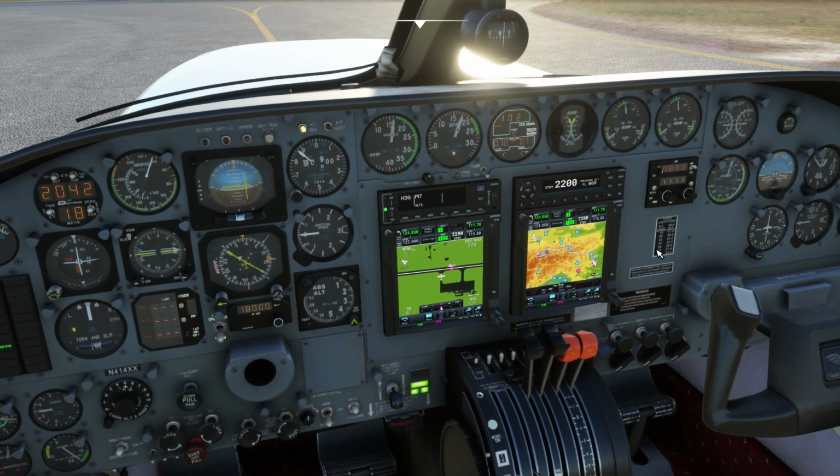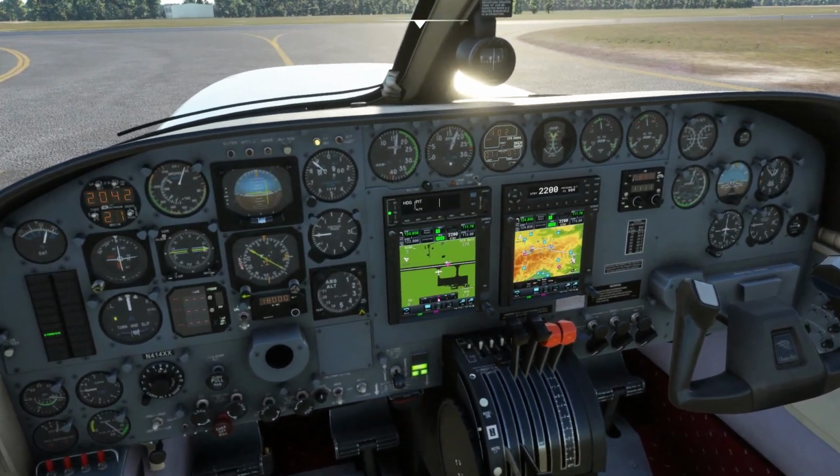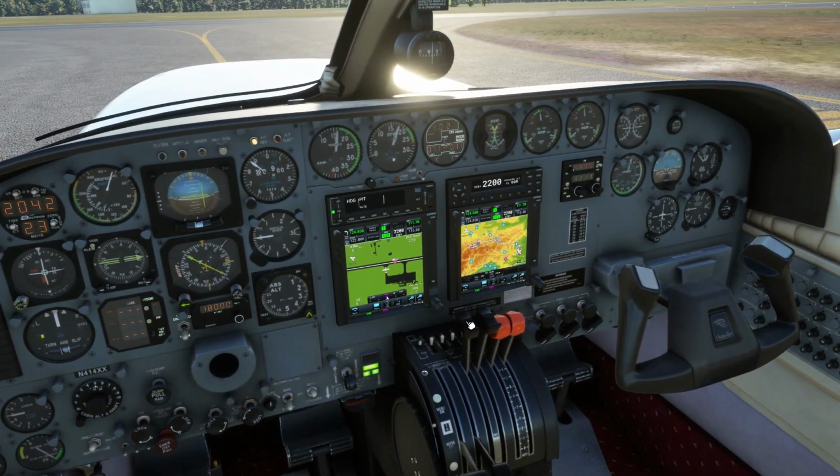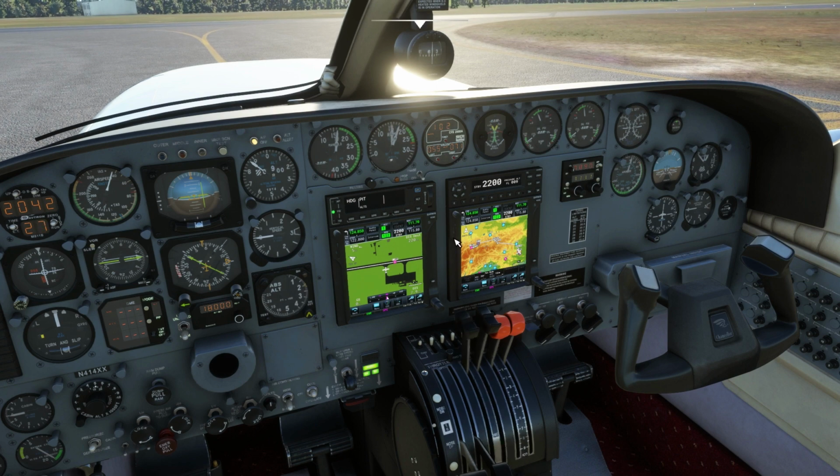Right engine, left engine, right, middle, off, and it's okay. Now cycling the governors. So under 1500. Cycle it. Let's wait for it to go up. Okay.